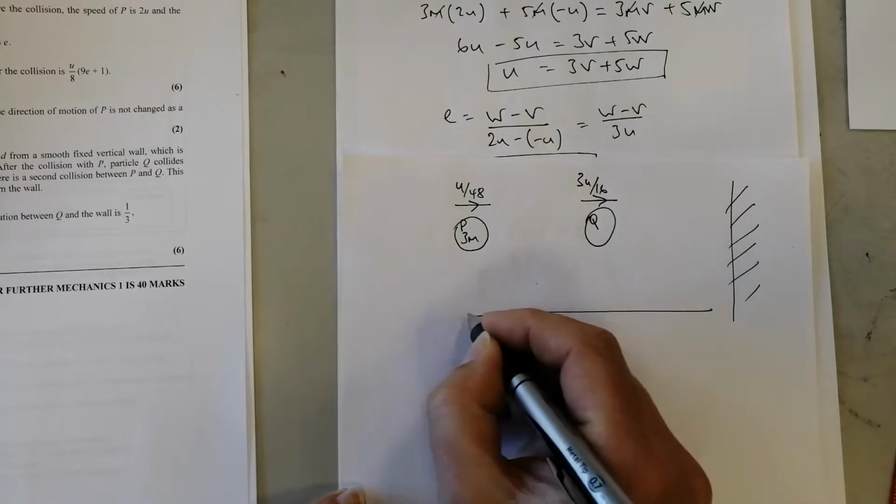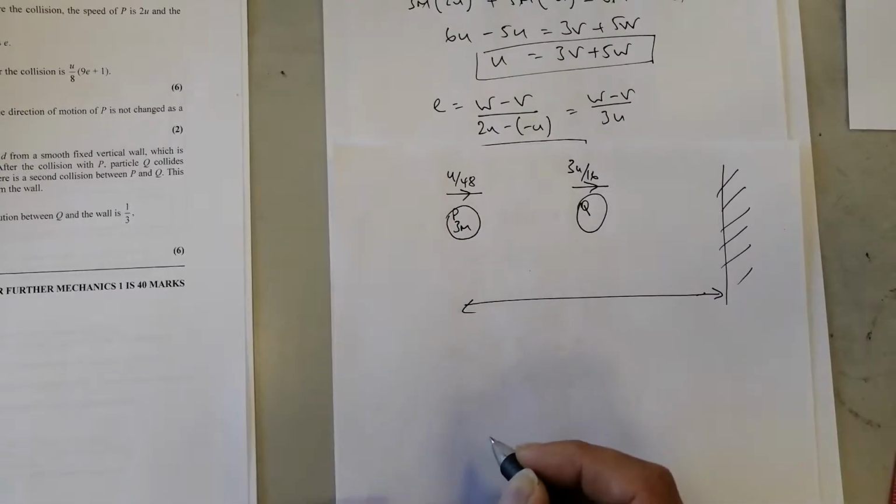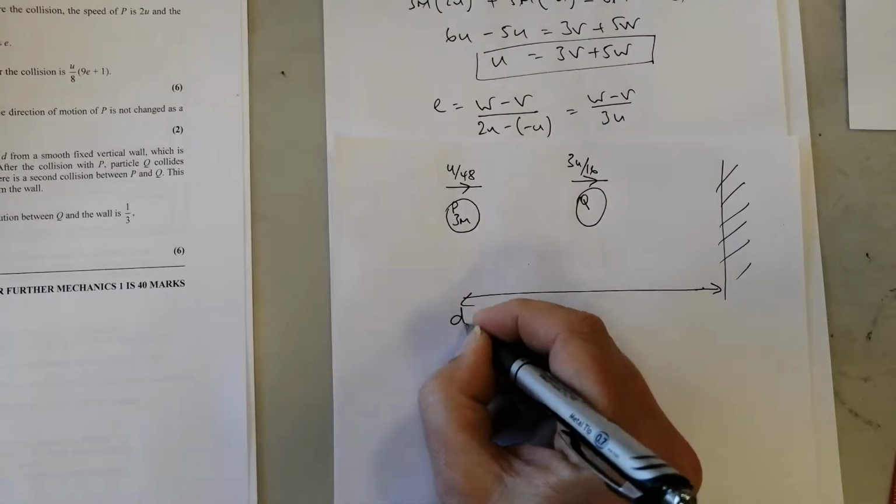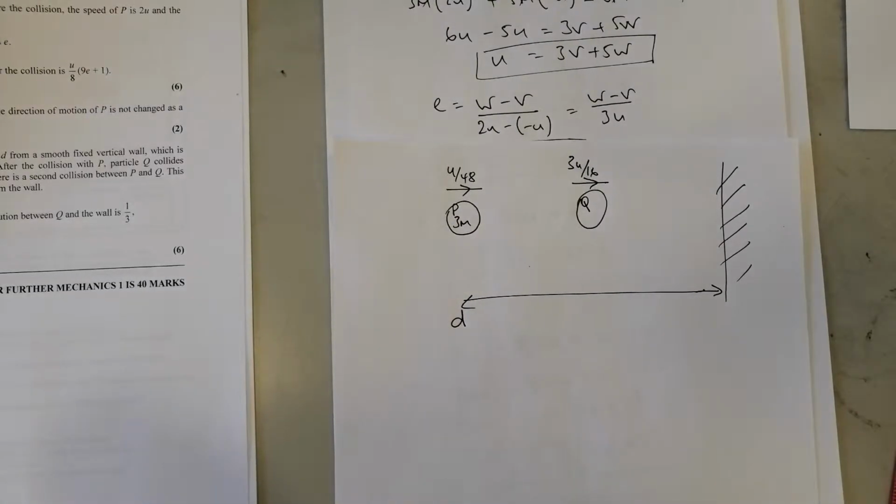They hit each other at this distance here, which is d away from the wall.